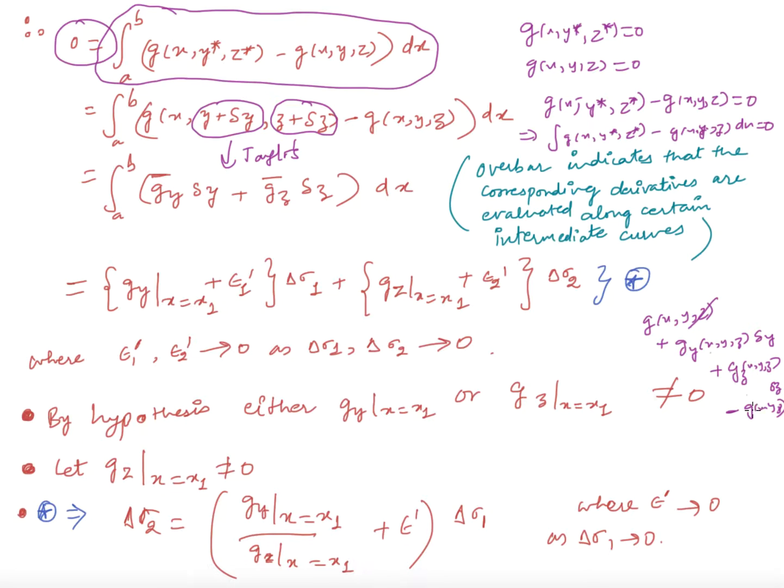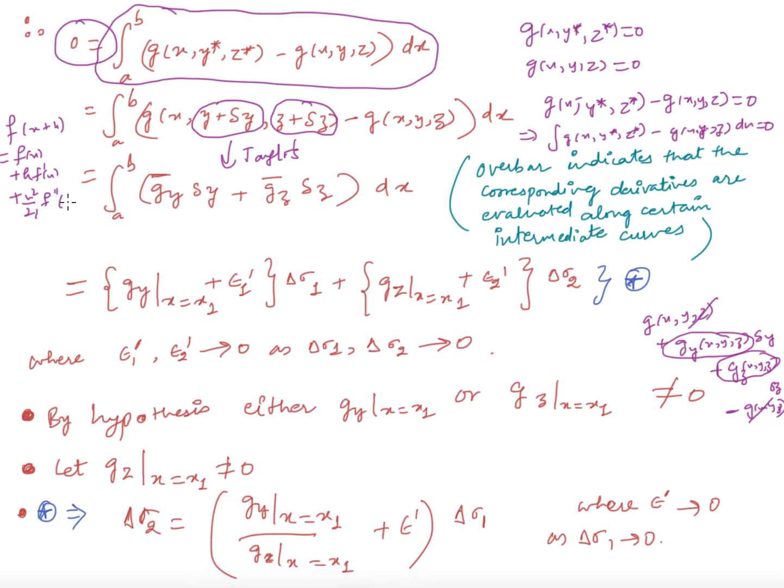Okay, these two things will cancel, right? So actually you can have higher order terms also. If you want to write down the Taylor expansion of f of x plus h, you can write it as f of x plus h times f dash x plus h square by 2 factorial f double dash.